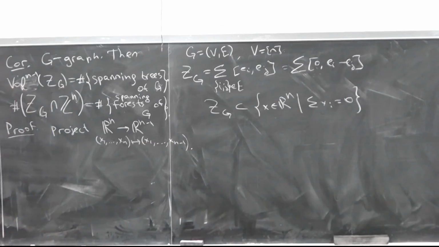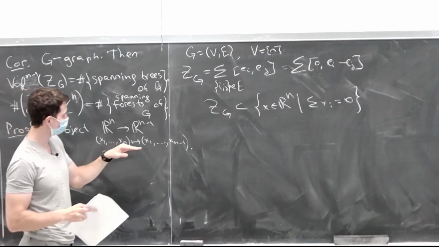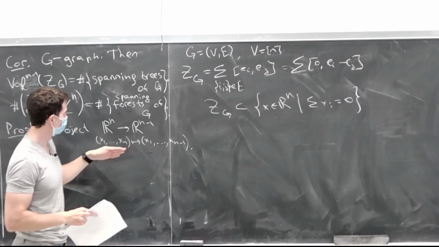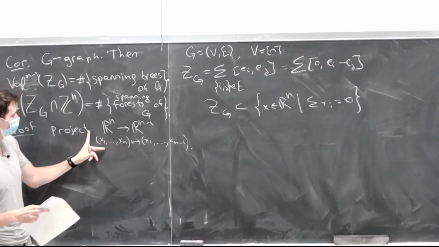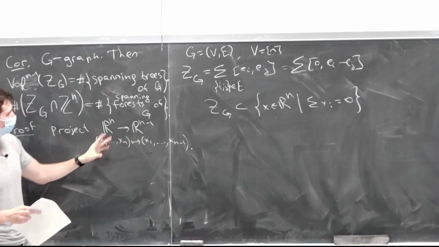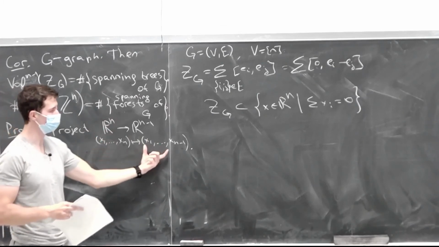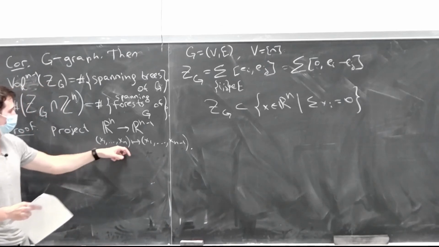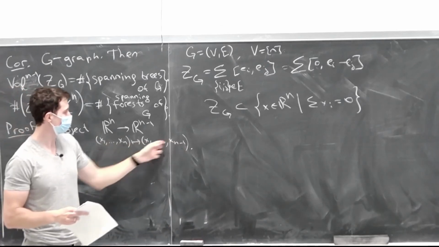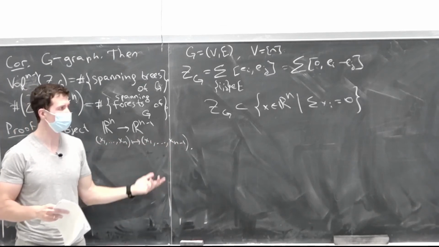And the reason I'm doing this is, first of all, it's easy to say what happens to volumes. If you have a unit cube here of volume 1, it projects down onto a unit square of volume 1. And if you have an integer lattice point here, it projects onto an integer lattice point.